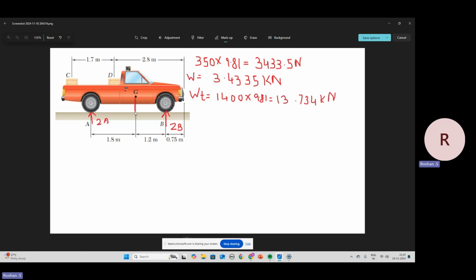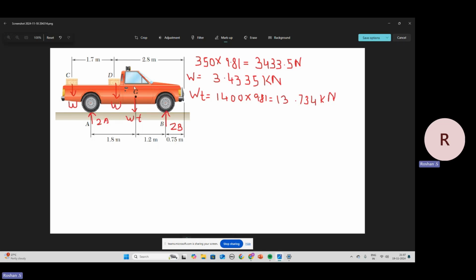So here it will be W of truck, and this is going to be W. This will also be W.